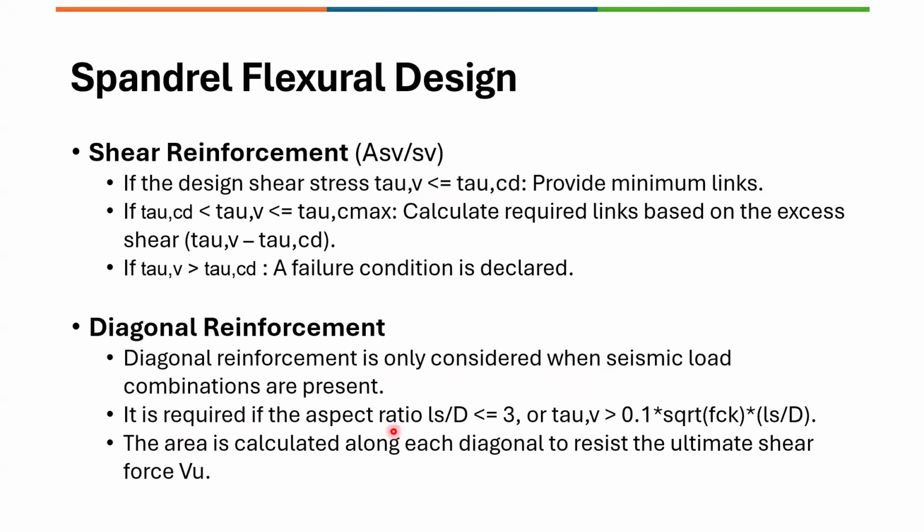And it is required if the aspect ratio is less than 3 or the code specified tau v value is greater than the given expression. So the reported area is the area for each diagonal. So you have two diagonal X. So each one needs to satisfy this required area reported in the structural design.